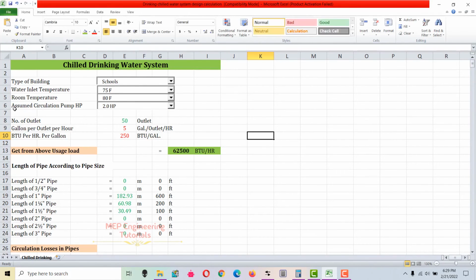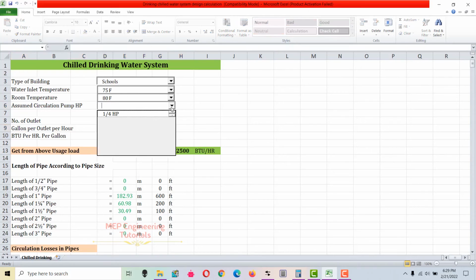So next thing over here is the pump horsepower. If you see here, we have pumps from 1/4 to 2 horsepower. We are going to assume the pump horsepower of 3/4. Based on this selection, your heat load will be calculated for your pump.